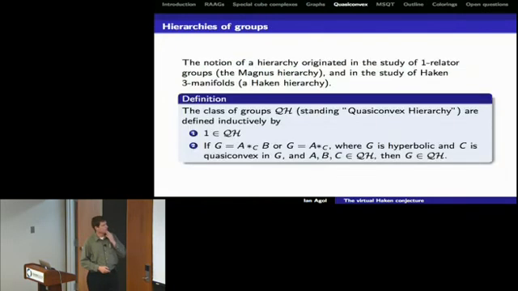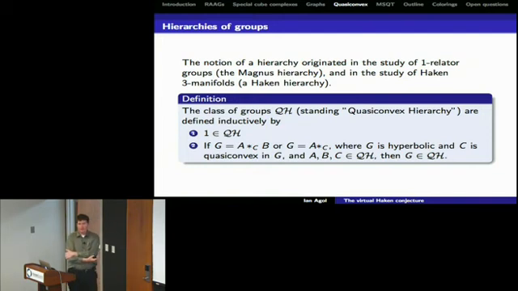If A and B and C are quasi-convex hyperbolic and you form one of these G's, won't it automatically be hyperbolic? So you have to be a little careful. For example, if you take C a surface group, and you just take an HNN extension by some automorphism of a surface group, then that's not necessarily hyperbolic.